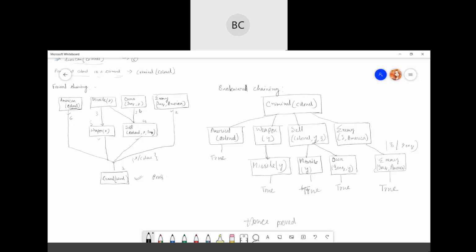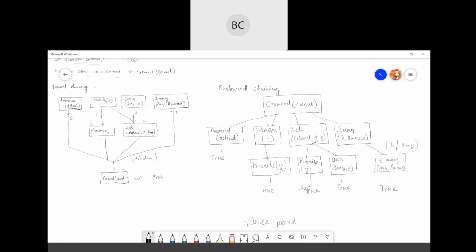Forward chaining uses BFS and backward chaining uses DFS. Forward chaining tests all the available rules, but backward chaining only tests a few required rules.